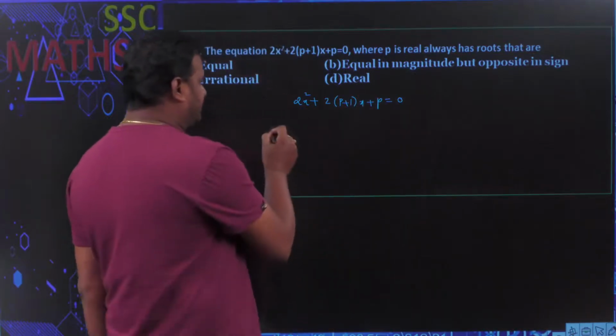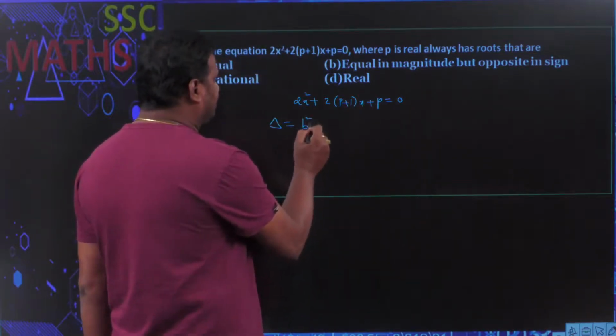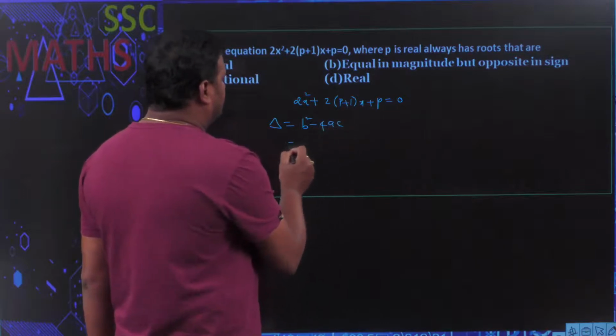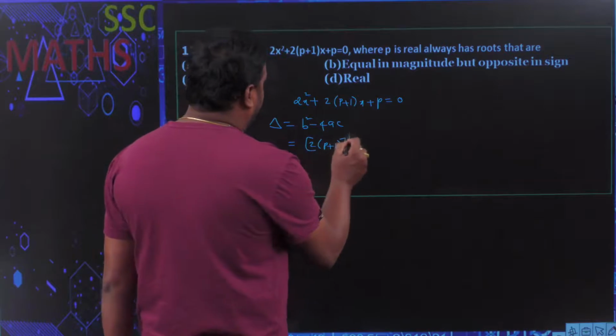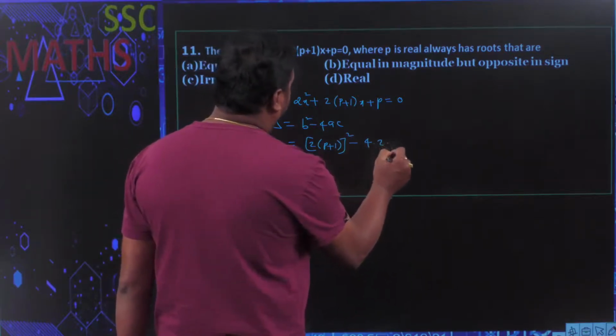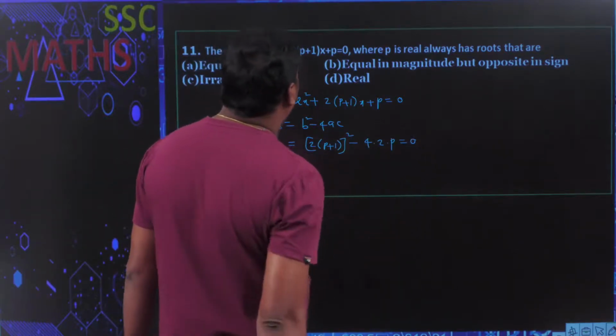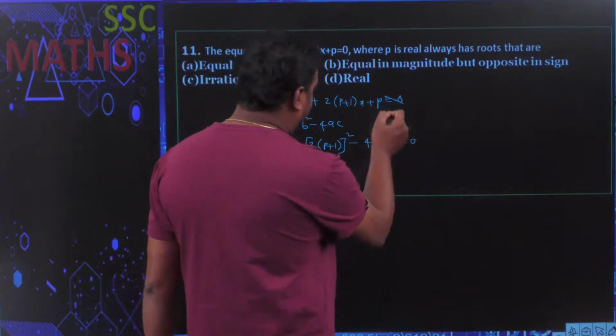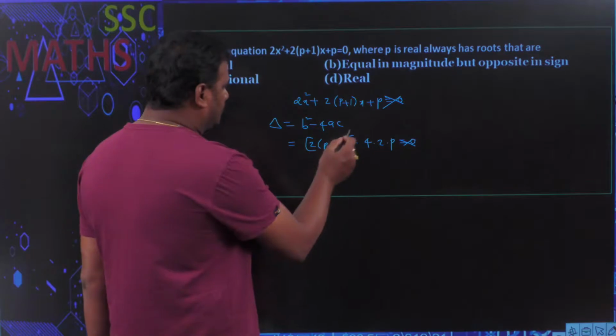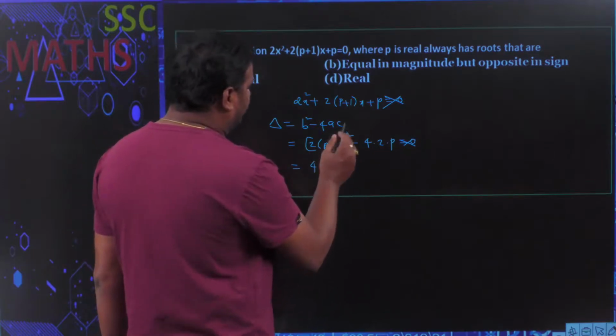You will have to find out the discriminant, that is delta is equal to b square minus 4ac. So b square is 2 times (p plus 1) whole square minus 4 into a into c. So roots are real or not, we do not know, right? So you cannot write that equal to 0 here. 2 whole square is equal to 4 into (p plus 1) whole square.